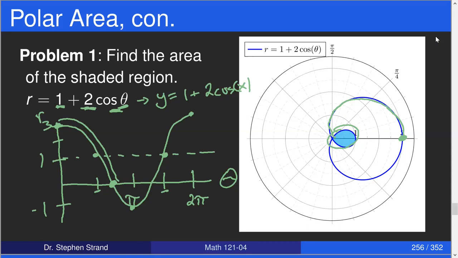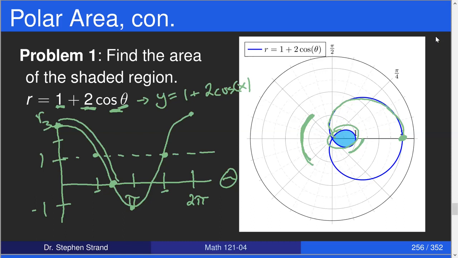But it turns out that then the radius will be negative. So even though we're traversing this angle, as we think the values of theta are over here, the radius is negative. So we're actually going to be drawing it over here. And that's actually going to be true until somewhere around here.